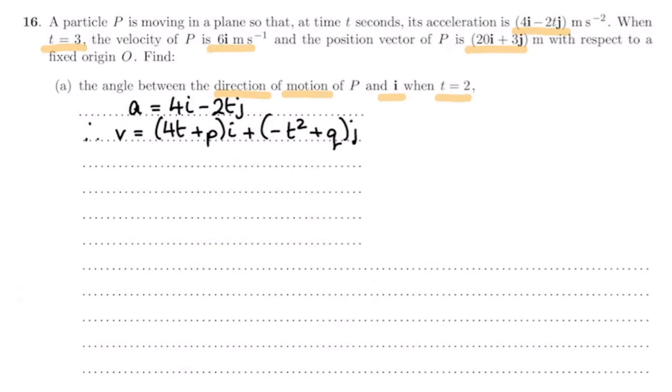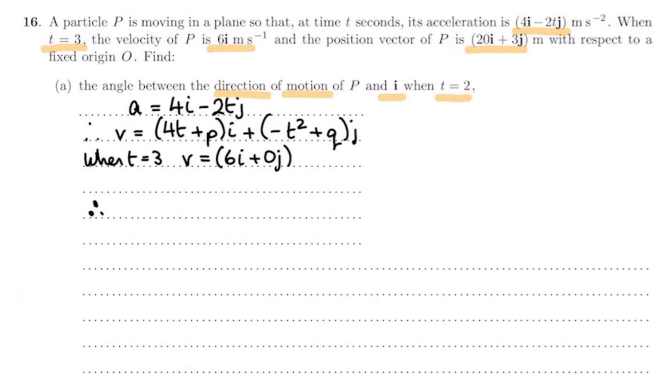Okay, now we know when t equals 3, we were told that the velocity was, very carefully, 6i plus 0j. I always tend to put that in just so that I'm careful.